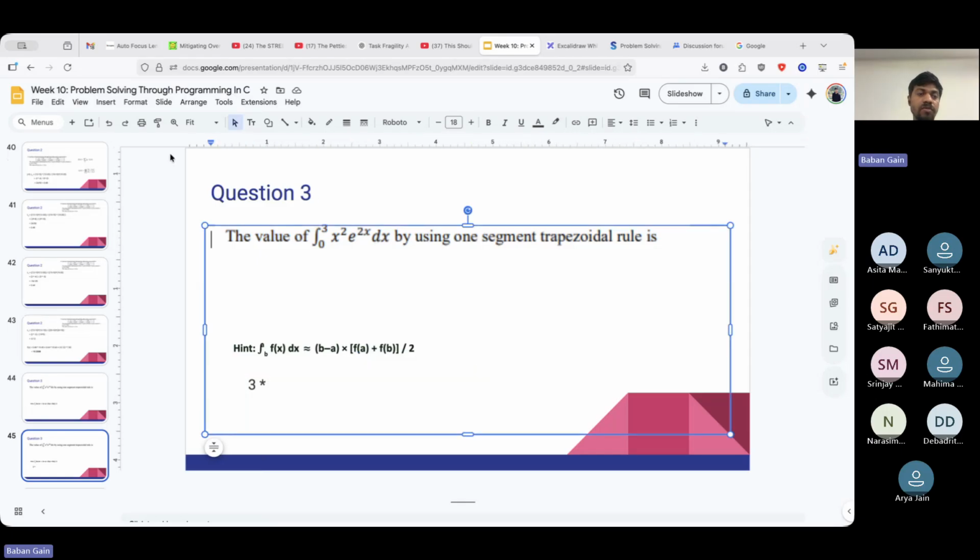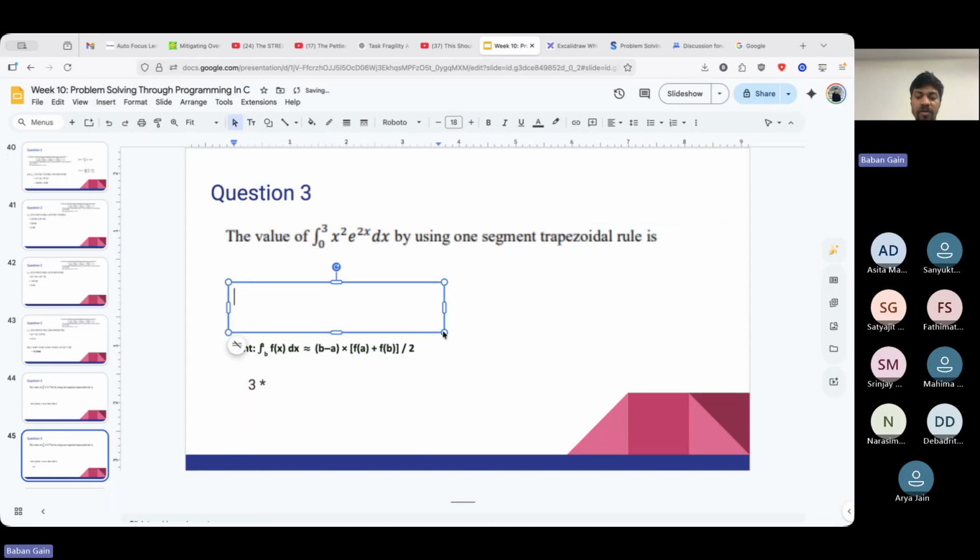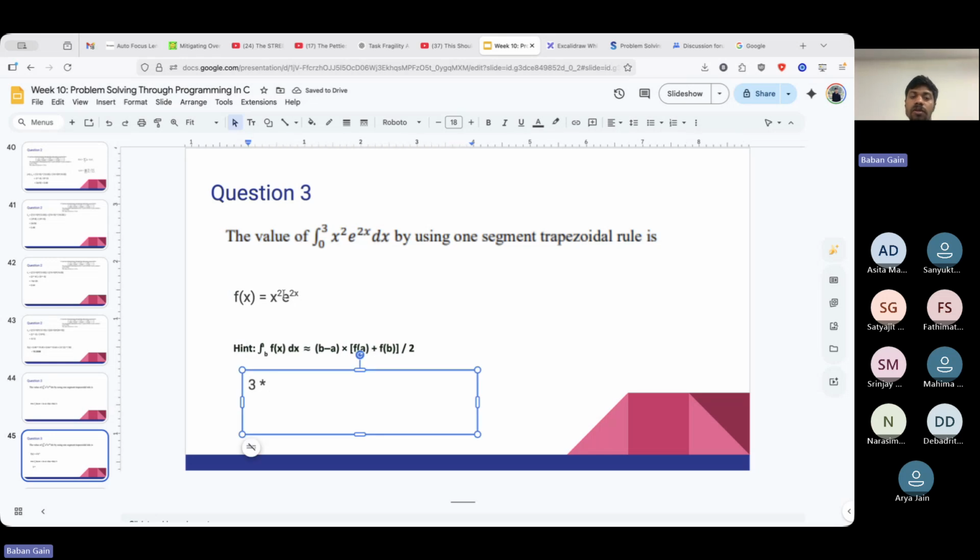So F is basically this one. F of X is equal to basically X square e to the power 2X. So if you just use 0 instead of X, what will be the value?